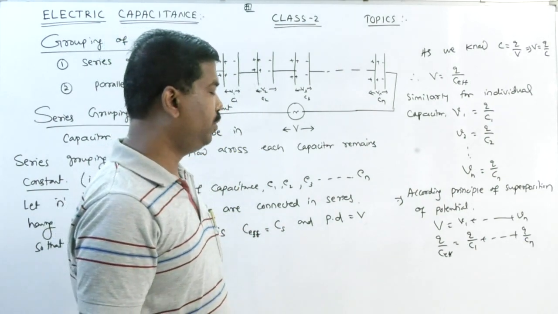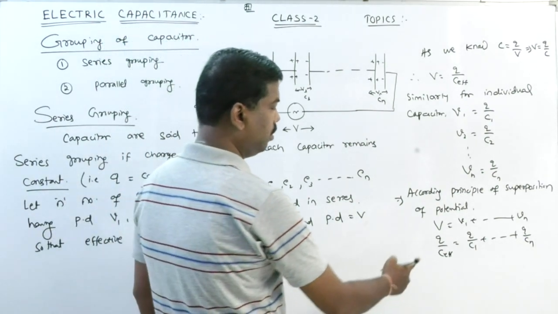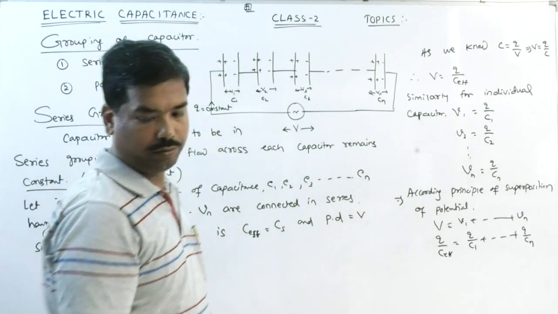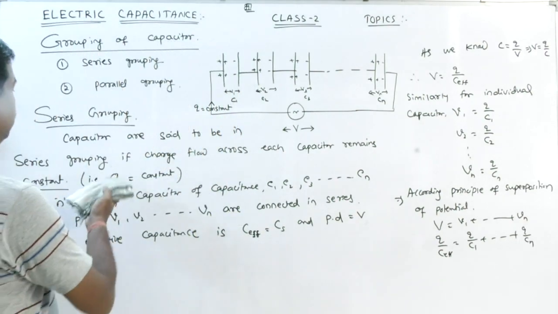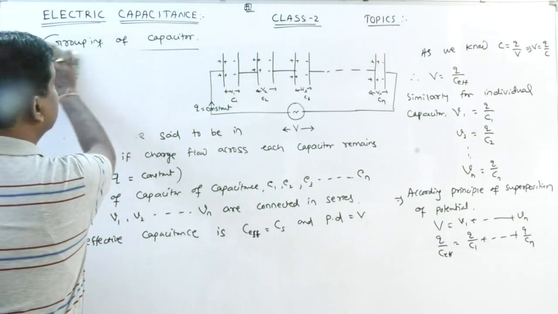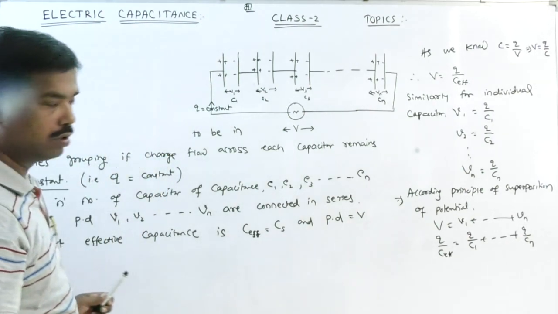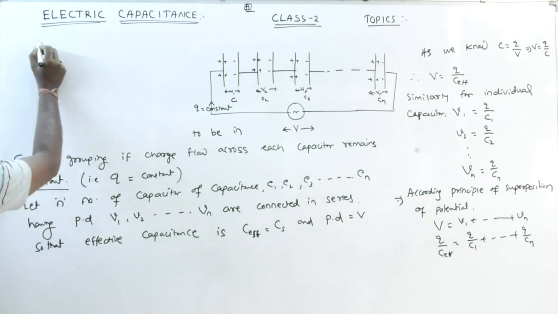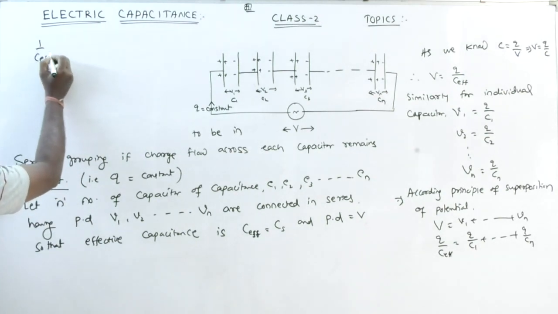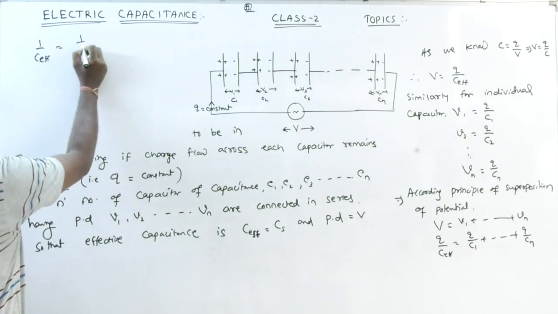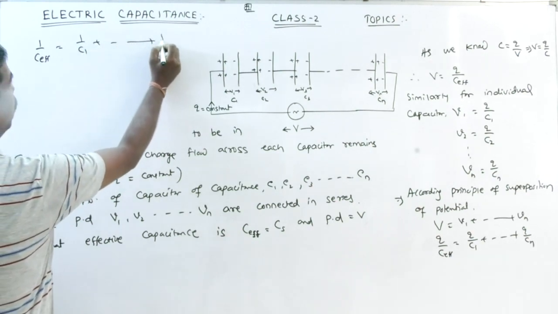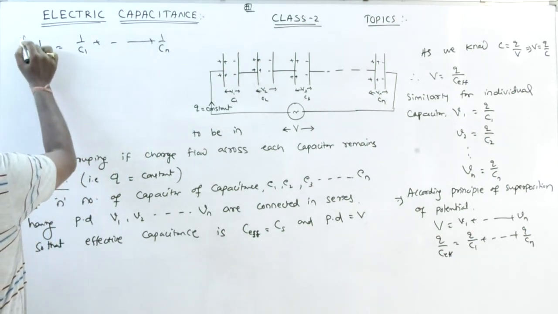Clear? From this we can conclude that 1 by C effective is equal to 1 by C1 plus up to 1 by Cn.